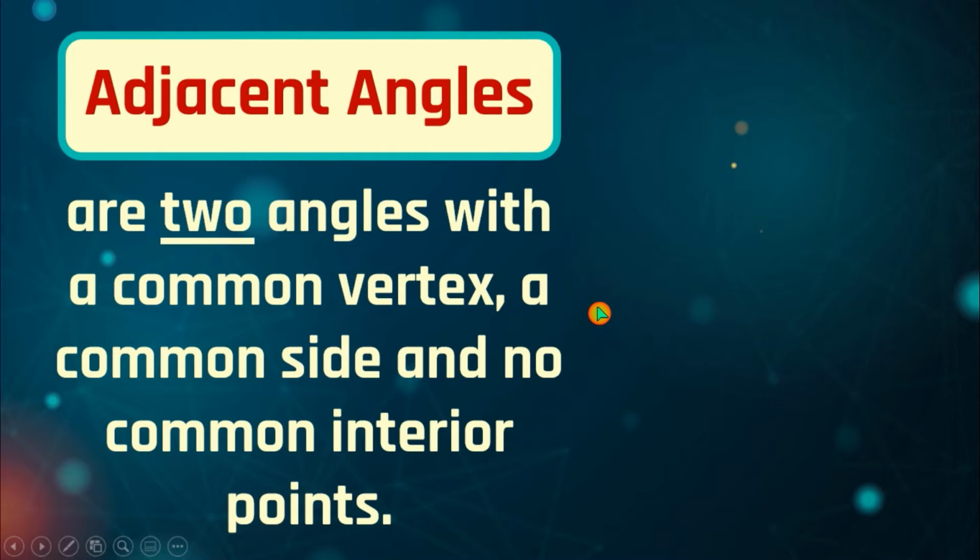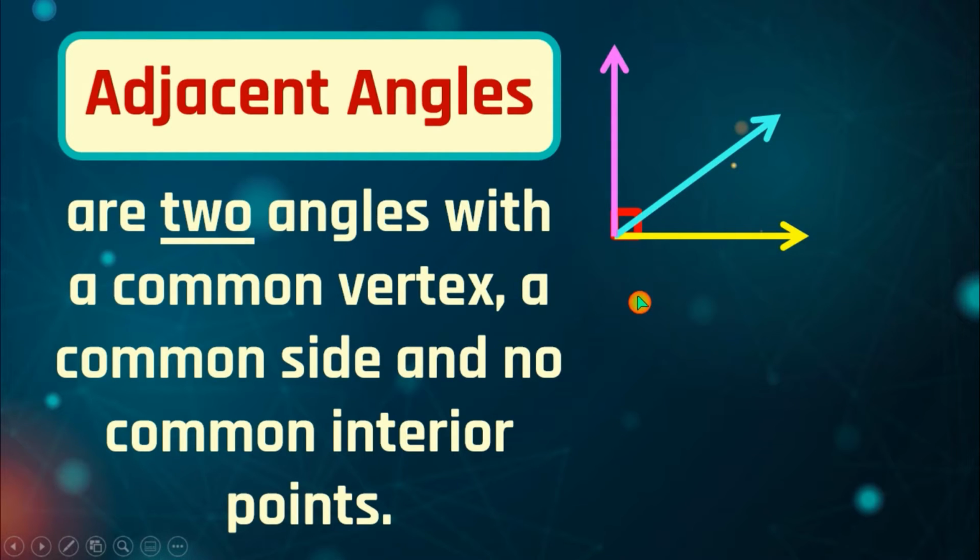There are different ways actually on how to represent adjacent angles or any other angles that I will be discussing for today. But when we say adjacent angles sa Tagalog, magkatabi, magkadikit. Okay? So like this angle 1 and angle 2. We can say that angle 1 and angle 2 are adjacent because magkatabi sila.